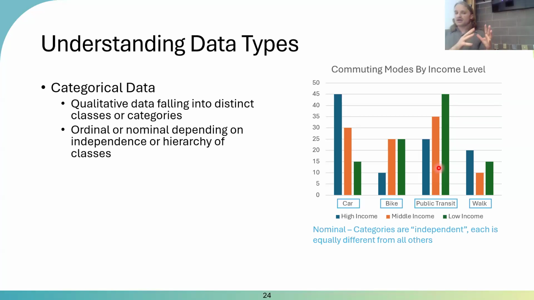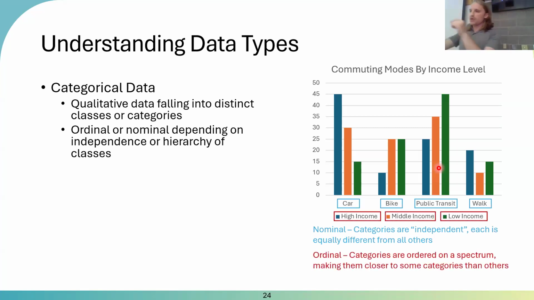This is categorical data because those don't have a numerical value to them, and they fall into distinct classes that are separate from each other. And this would be nominal because there isn't necessarily an ordering of these, and each one is equally different from each other. In mathematical terms, you might say these representations are orthogonal to each other because they don't have an overlap. They're simply different ways to describe things that aren't necessarily directly related to each other.